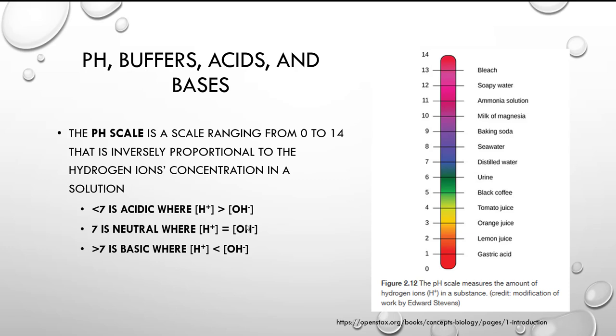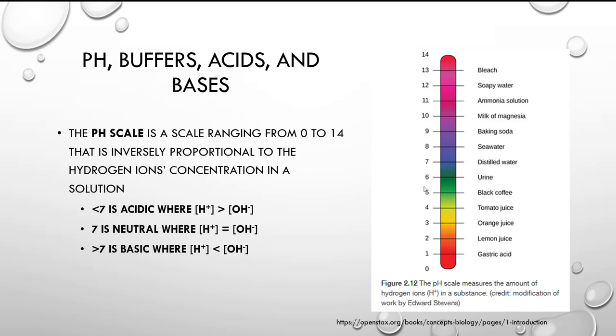So now that we know what an acidic solution is versus a basic solution, one thing we need to understand about this pH scale is that it's a logarithmic scale. Okay, so that means that when we go from, say, a pH of 4 to a pH of 6, we're not decreasing the concentration of hydrogen ions by a factor of 2.